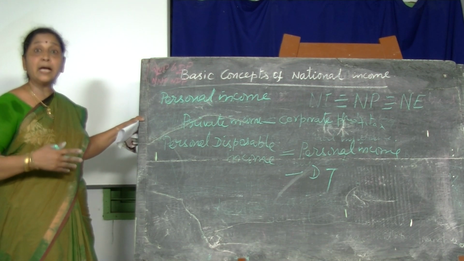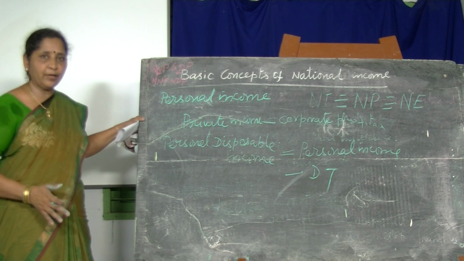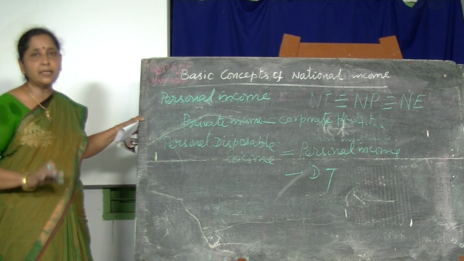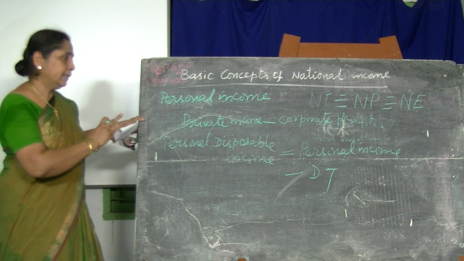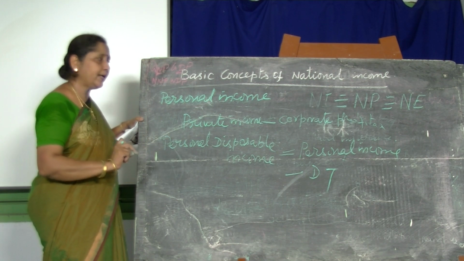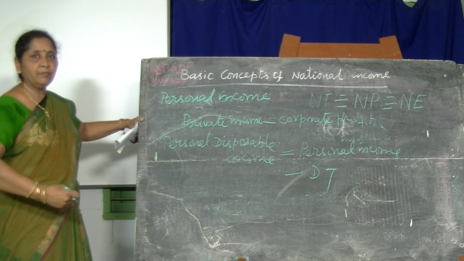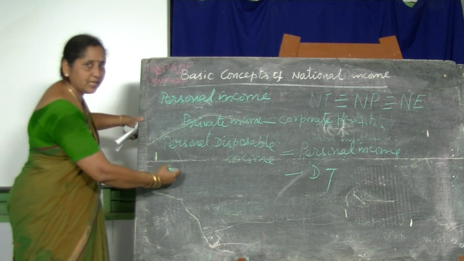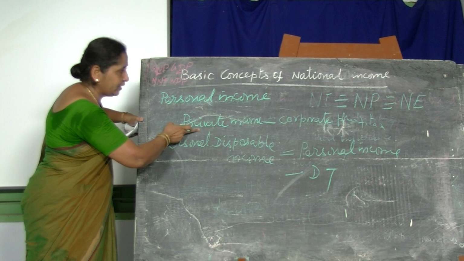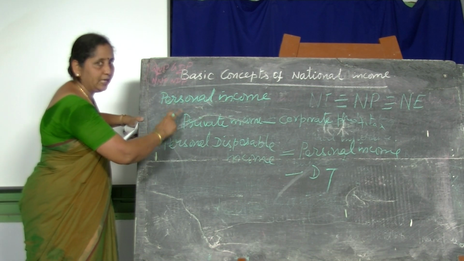These are all called aggregates, because national income comes under macroeconomics. In macroeconomics, everything is dealt with in toto, in aggregates. So the relationship between aggregates is very, very important. Starting from GDP, one by one we have come up to personal income. There is a relation: private income was calculated from NNP at factor cost or NDP at factor cost.